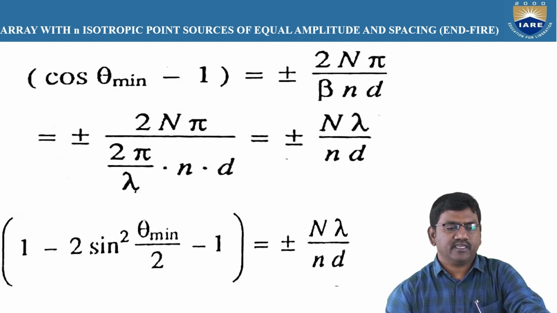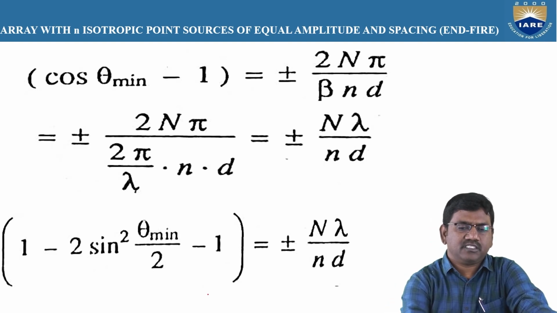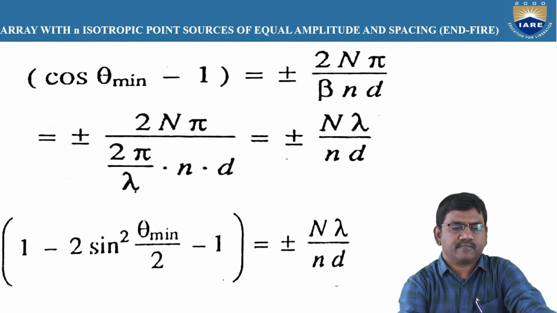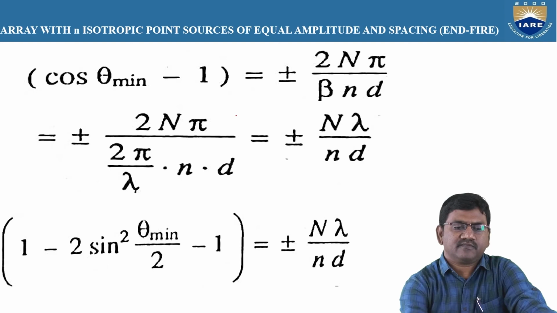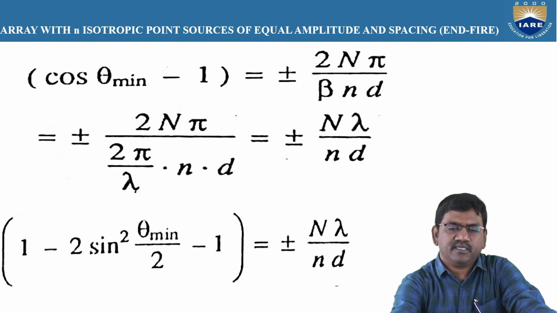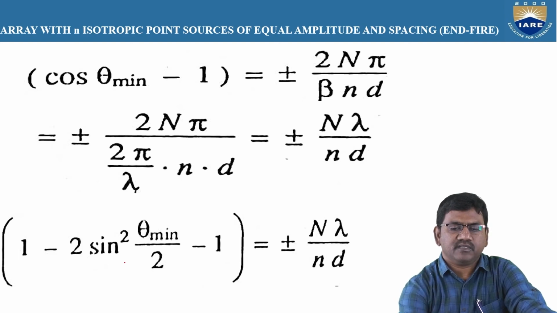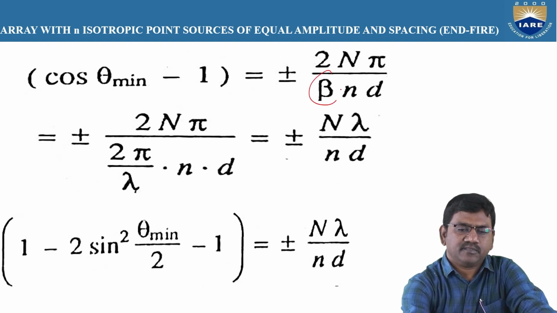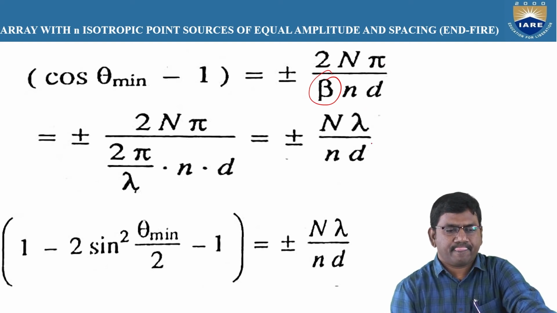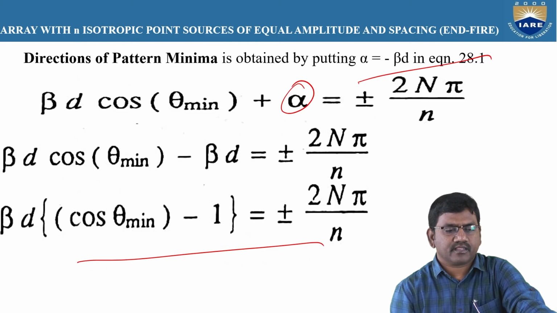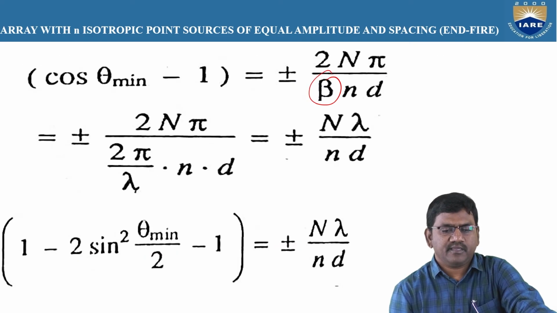You will get 1 minus 2 sin square theta min by 2 minus 1. So cos theta min minus 1 is equal to plus or minus 2 n pi by beta N d. Beta is equal to 2 pi by lambda. Substitute beta as 2 pi by lambda into N d, you get plus or minus n lambda by N d.